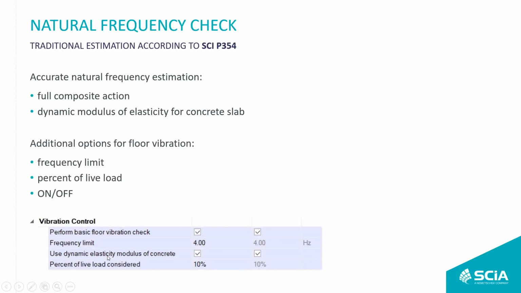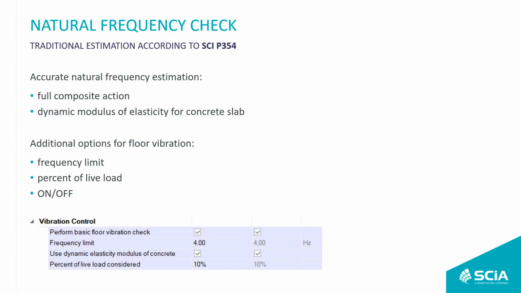Also, we added some additional options. It's possible to change the frequency limit. Instead of 4 Hertz, you can put something else. Also, you can change the percent of live load which is considered when you're evaluating deflection. This was a request coming from France, where apparently in a local publication it was possible to use 20% of the live load for the calculation of the natural frequency.